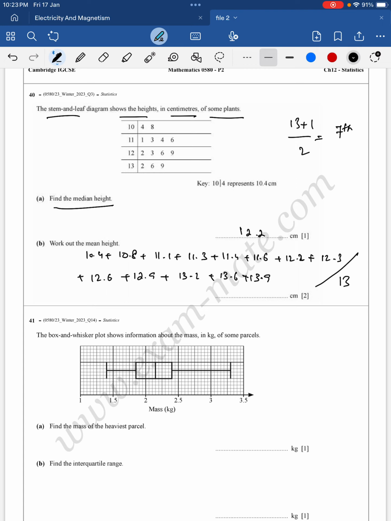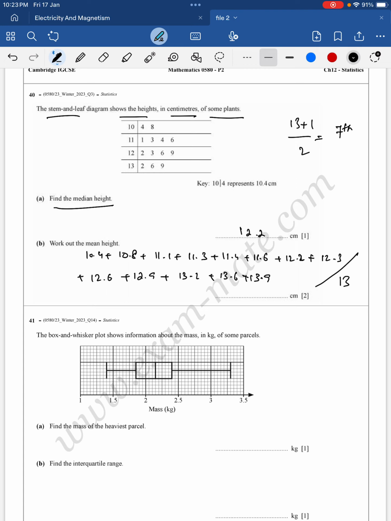So adding all this data in the calculator, 10.4 plus 10.8 plus 11.1 plus 11.3 plus 11.4 plus 11.6 plus 12.2 plus 12.3 plus 12.6 plus 12.9 plus 13.2 plus 13.6 plus 13.9.